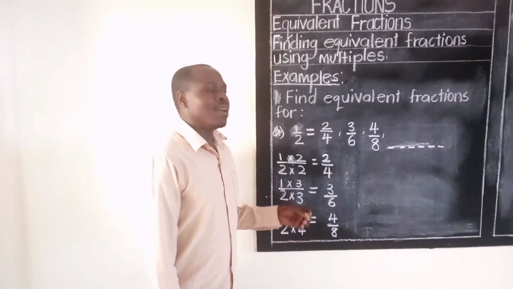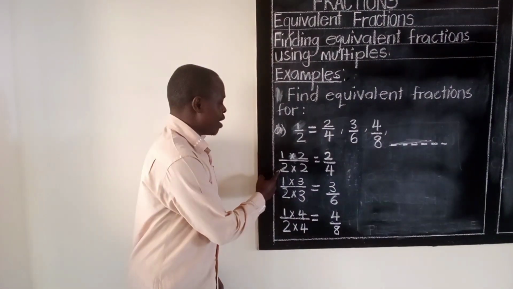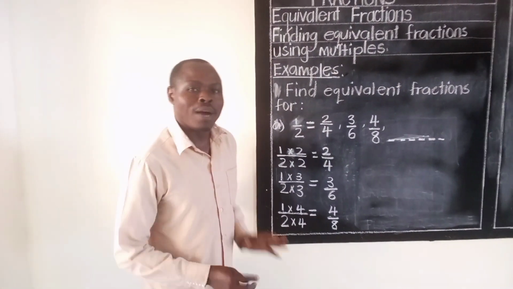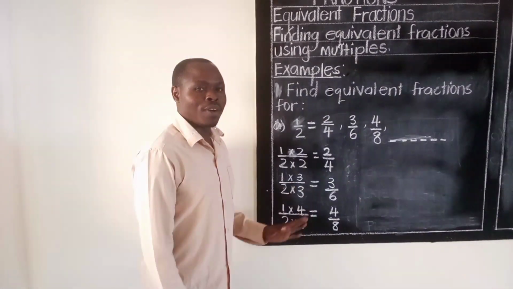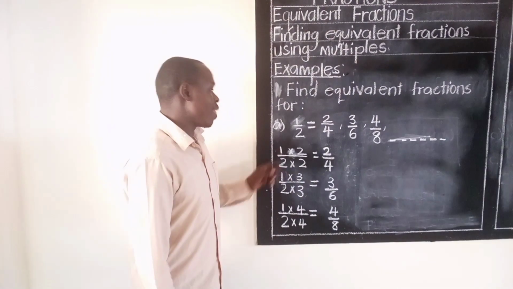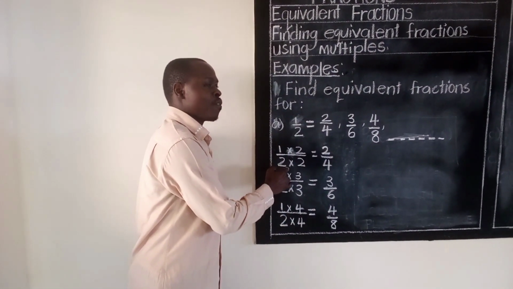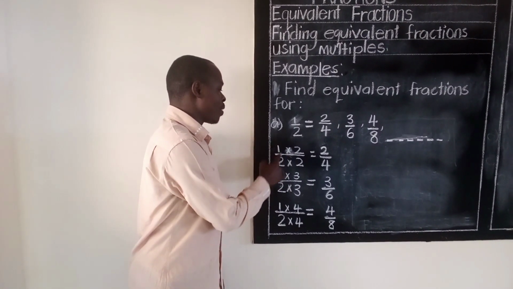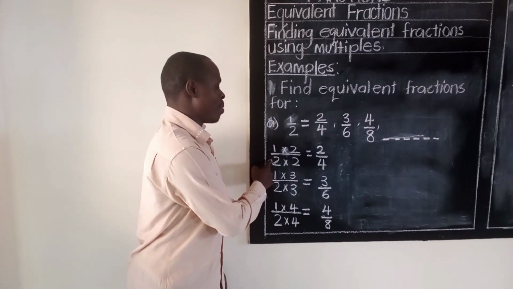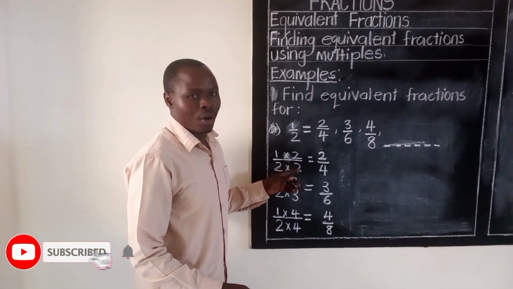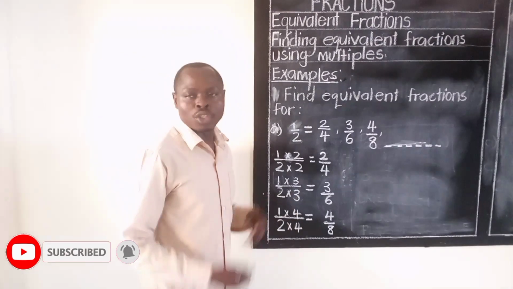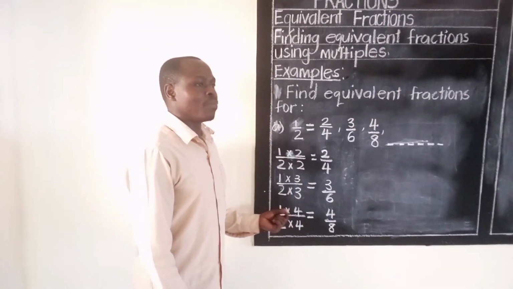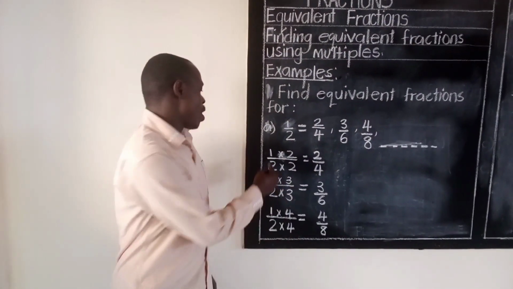For this case, we shall multiply a half by the same factors, both the numerator and the denominator. We begin with the factor 2. Of course, we cannot begin with 1 because when we multiply with 1, it will give us the same answer. So we begin with 2.